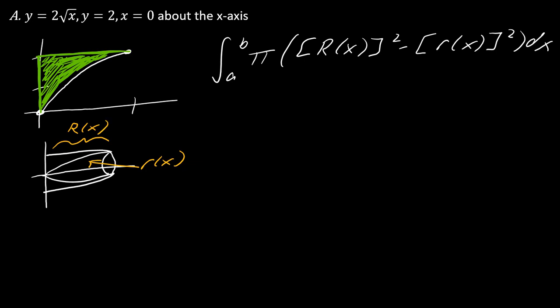So now I can just really fill in those curves. So the outer, we just said, is this top line here, so that's y equals 2. So that's going to be 2 squared. And then the inner radius we said is this line here, so that would be this curve, which is 2 times the square root of x.